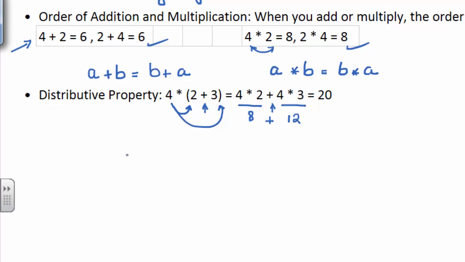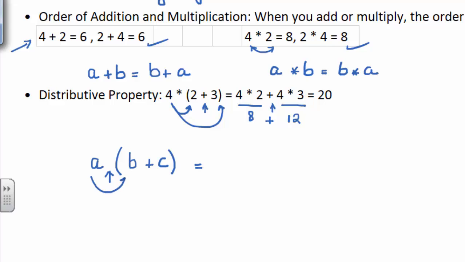The same thing exactly for variables. Let's say I have an example, a(b plus c). First of all, there is a multiplication here. From the previous lesson we said if we leave it blank, that means it's multiplication. So for this multiplication I have to use the distributive property.